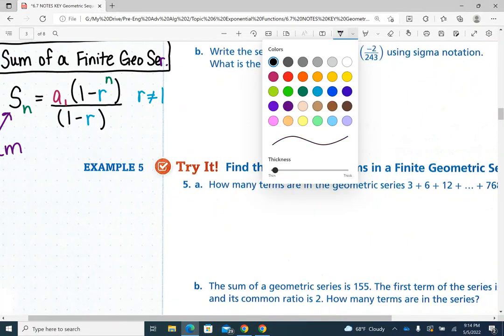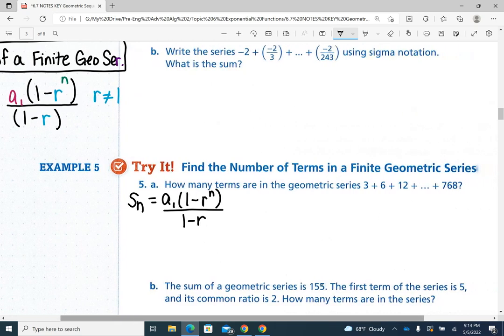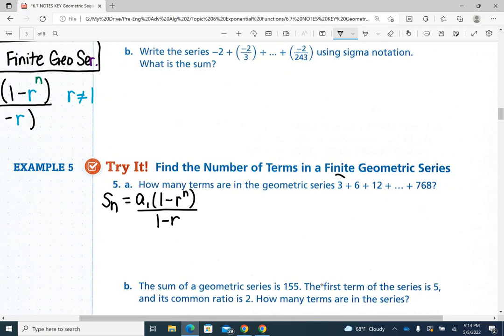I'm going to fill in what I know and see if I have enough information to finish it up. S sub n equals a sub 1 times 1 minus r to the n over 1 minus r. Let's see what we know. I know the first term is 3, so there's a1. I'm going to highlight that I know a1.